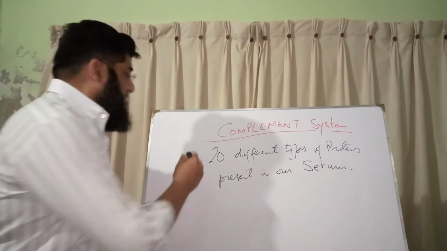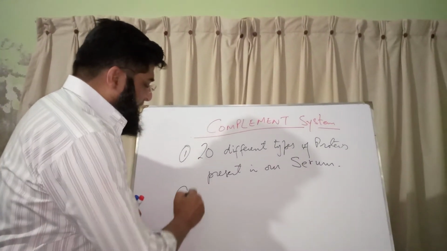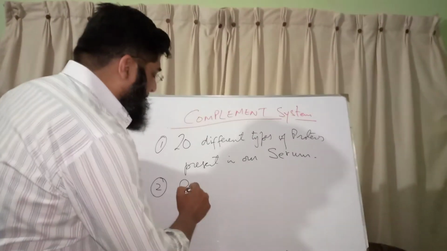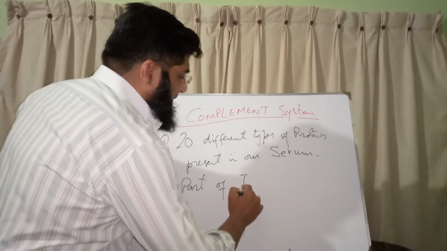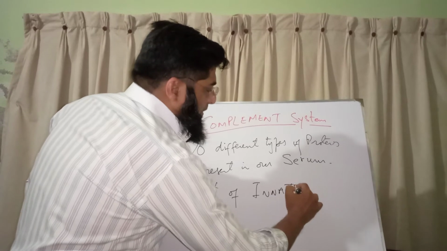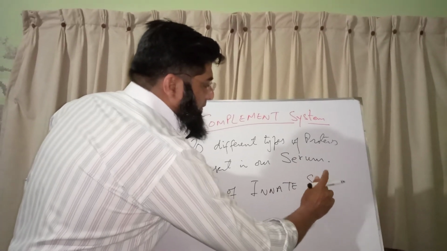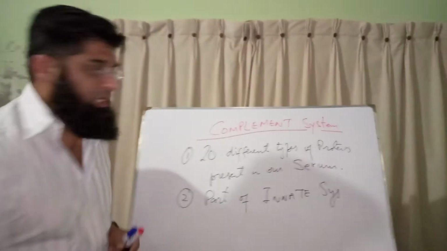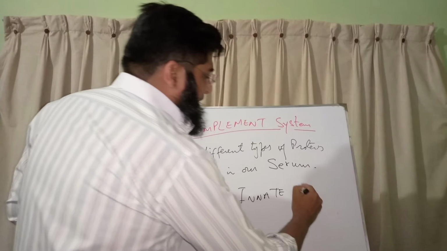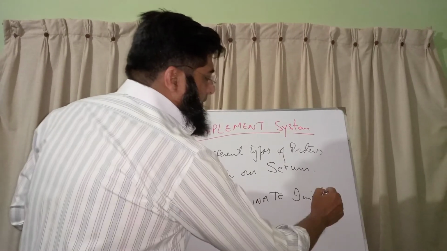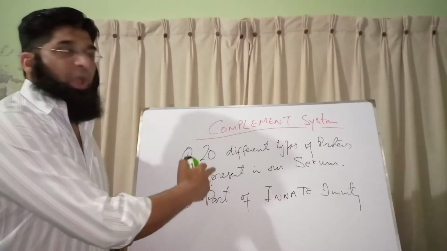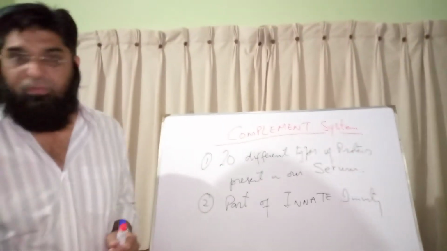Okay students, second point: the complement system is a part of innate immunity. These are two characteristic points regarding the complement system.